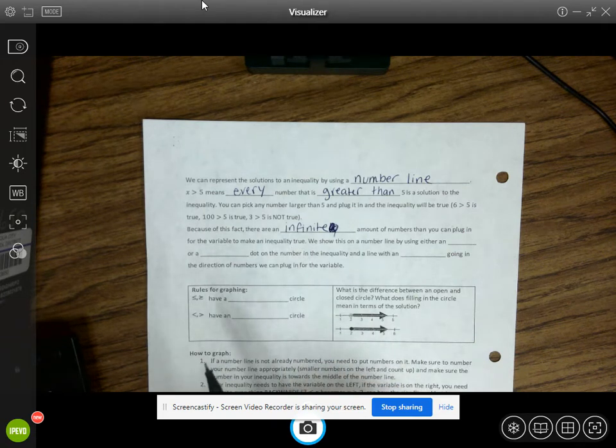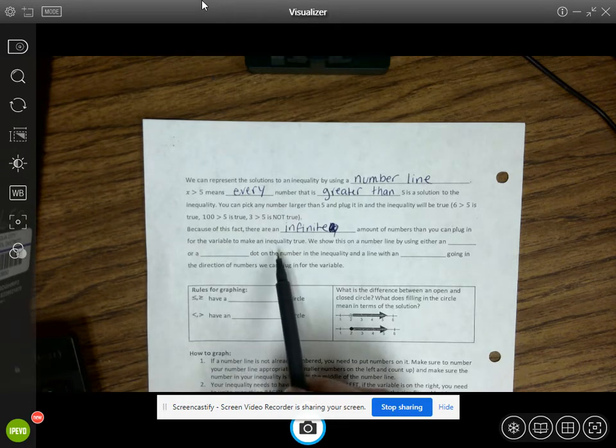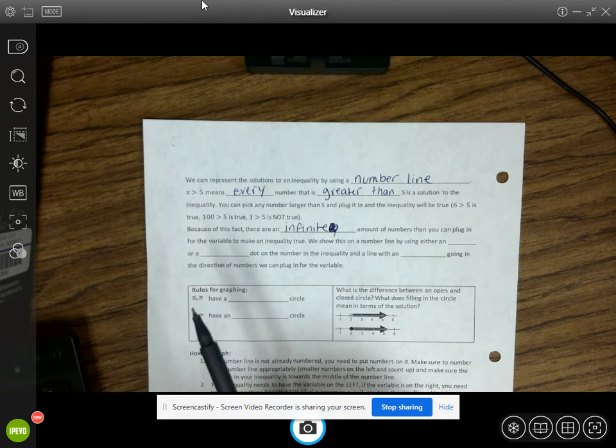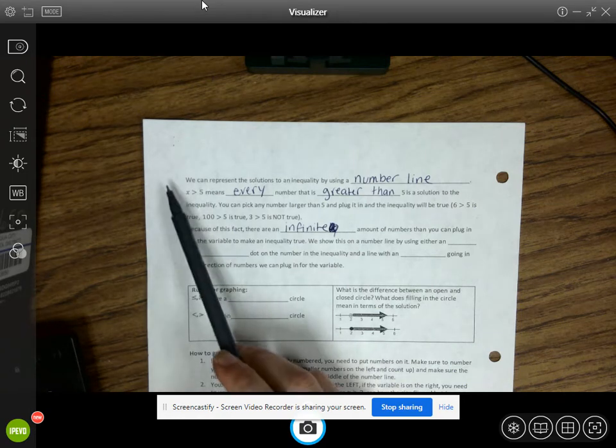So remember, with the equations, there's just one answer. X equals 4. That means 4 is the only answer that works for your equation. For an inequality, if it says x is greater than 5, that means every number greater than 5 is going to work for that inequality. What that does not mean is you pick just one to say that's your answer. You leave it as x is greater than 5.